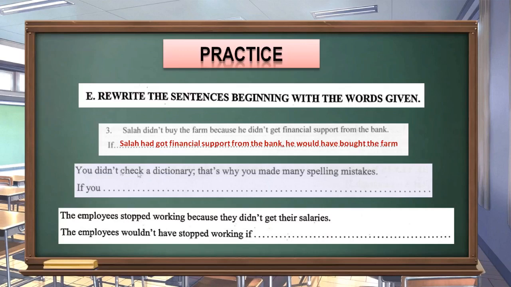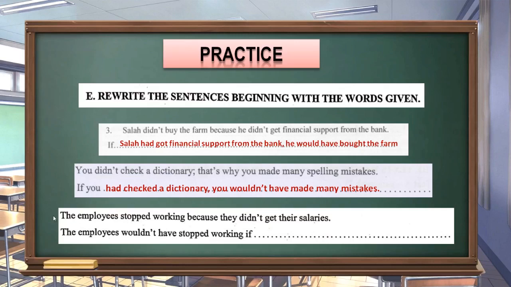We're going to see the opposite of this situation in the past. If you had checked the dictionary, you wouldn't have made many mistakes. So that's the right way of making a conditional type 3 sentence.